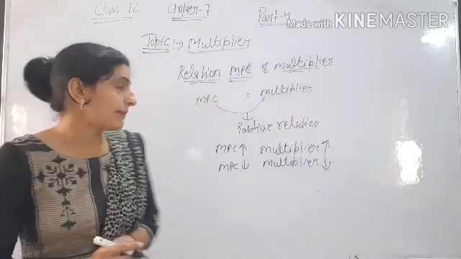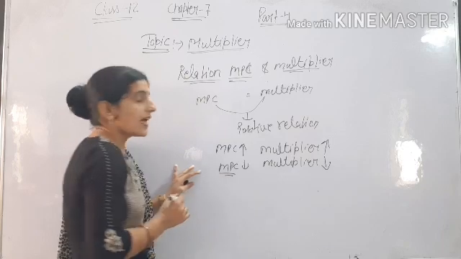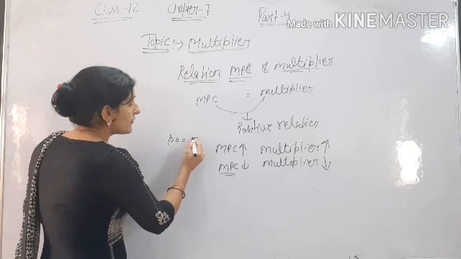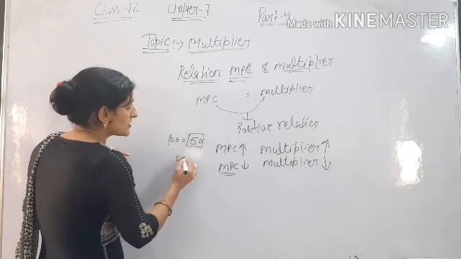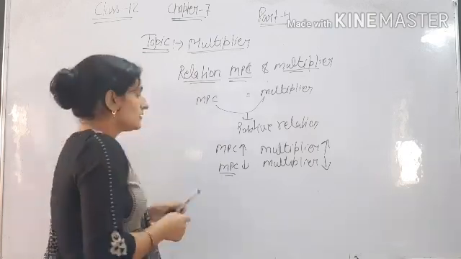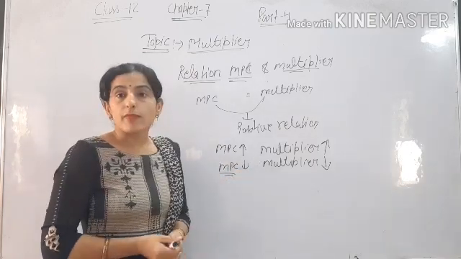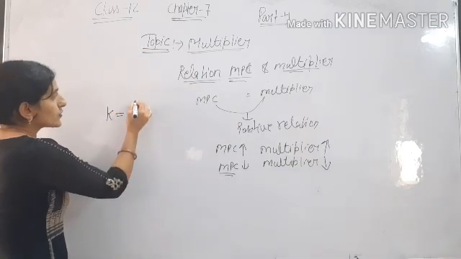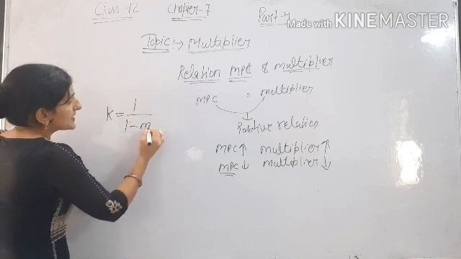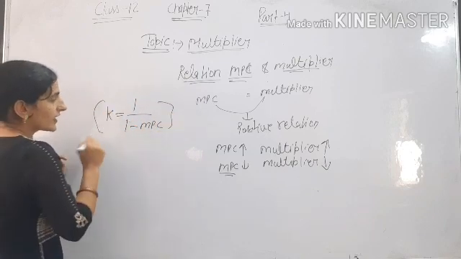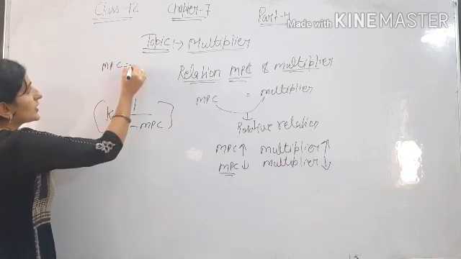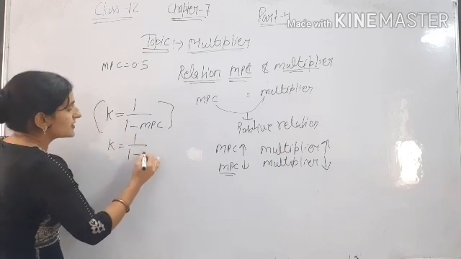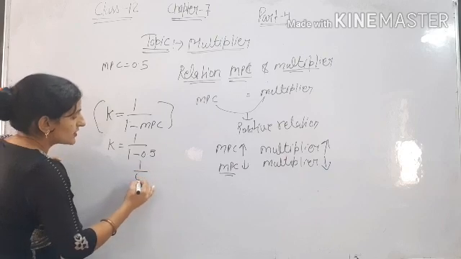And what is MPC? MPC is marginal propensity to consume. It means that out of 100, if people are consuming 50 rupees, then our MPC is 0.5. It means that MPC is higher. So an increase in MPC means an increase in multiplier, and how do we calculate this relation? K, the multiplier, is equal to 1 upon 1 minus MPC. If MPC is given, for example MPC is equal to 0.5, then we can calculate the value of the multiplier: 1 upon 1 minus 0.5, which is 1 upon 0.5.